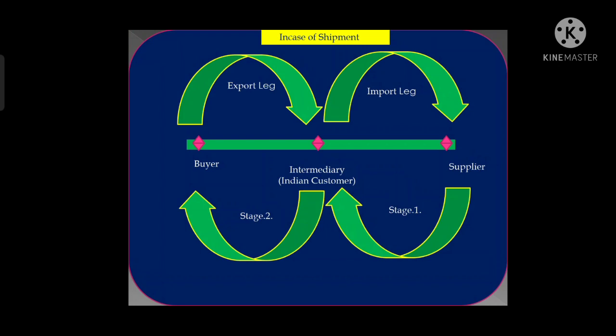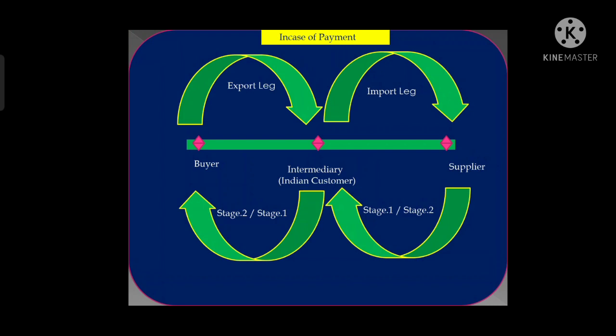After importing from the supplier, only then can it ship the goods to the buyer, so that is the second stage. So the import leg in case of shipment would be the first stage, and the export leg in case of shipment would be the second stage. Let's move forward. Now we will talk about the case of payment.